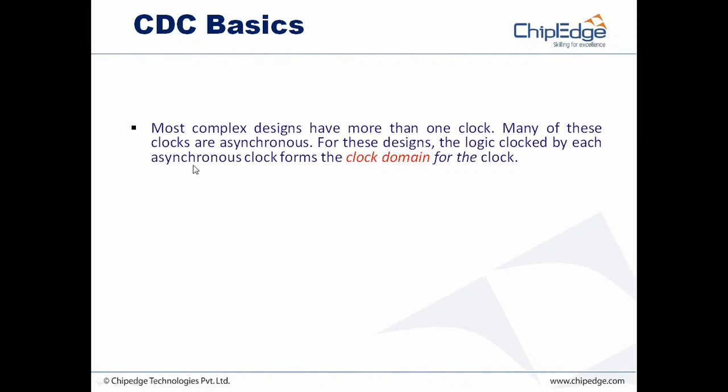So when you say asynchronous clocks in CDC, whenever it is an asynchronous clock, we will make it a clock domain. All synchronous clocks will make one clock domain. Here the clock domain is nothing but the logic clocked by each asynchronous clock.